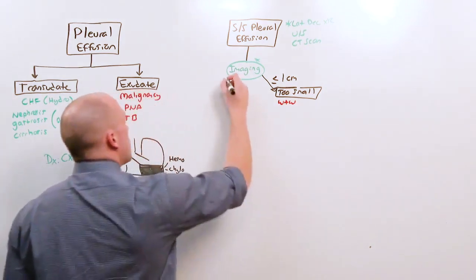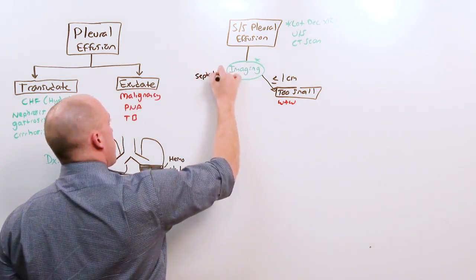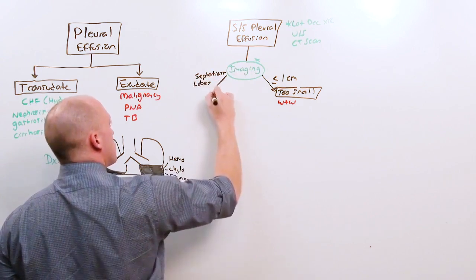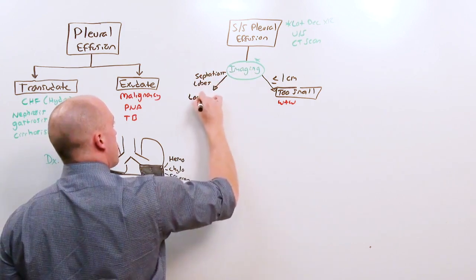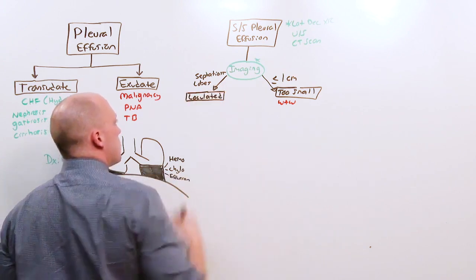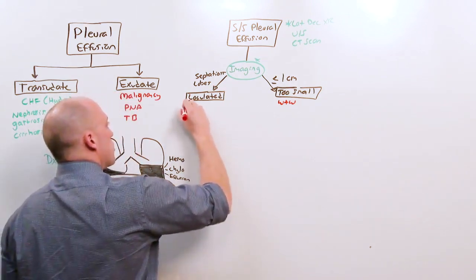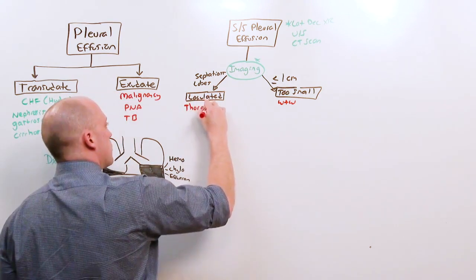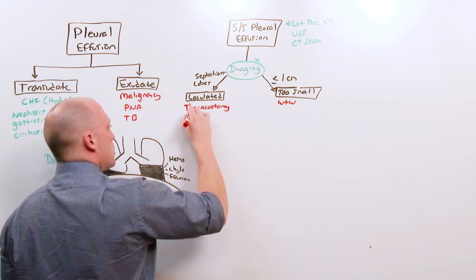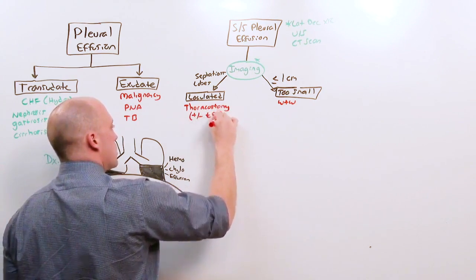If, on the other hand, you get septations, little lobes of fluid, pockets of fluid, this is loculated. And loculated effusions need to be a little more aggressive. What you're going to start off with is a thoracostomy. This is a chest tube. And what you can do, and this is going a little beyond the MS3 level, is use TPA through that chest tube.